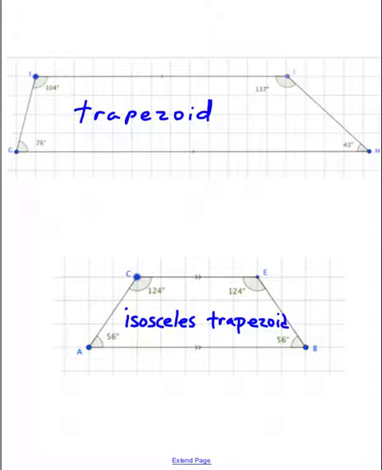All right. So a trapezoid. What do we know about trapezoids? Is it a parallelogram? No. Okay, Alex, what makes a trapezoid a trapezoid? Quadrilateral with one set of parallel lines. So that's pretty much it.